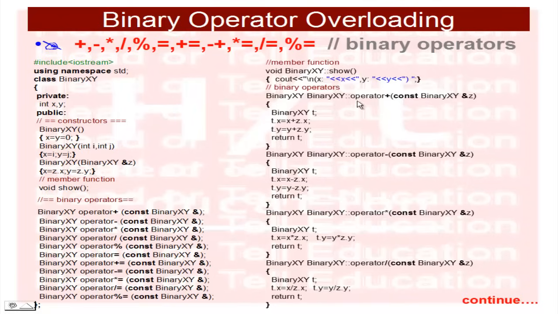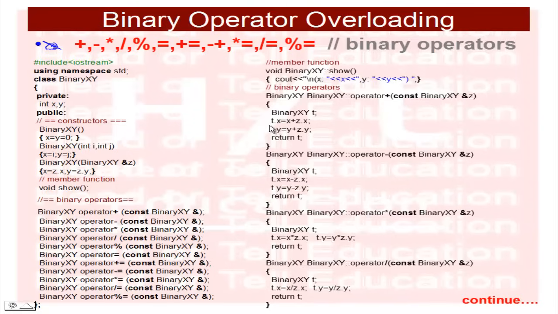Now comes to the point, so how to overload the plus binary operator. So this is our return type binary xy, and this operator plus function belongs to the binary xy class, passing const binary xy reference, which is named z here. Now here I have created a binary xy object t.